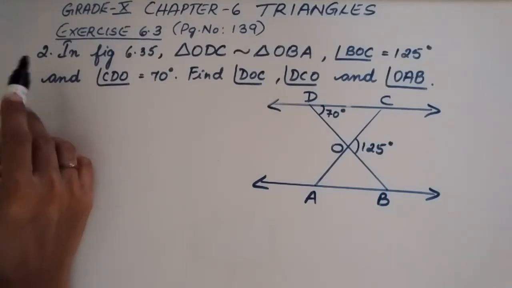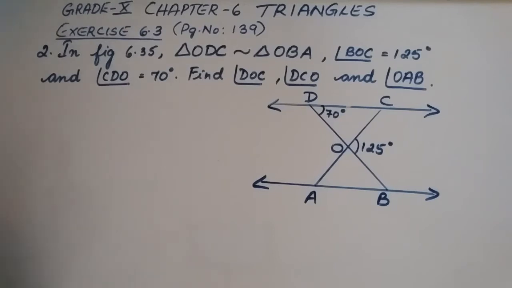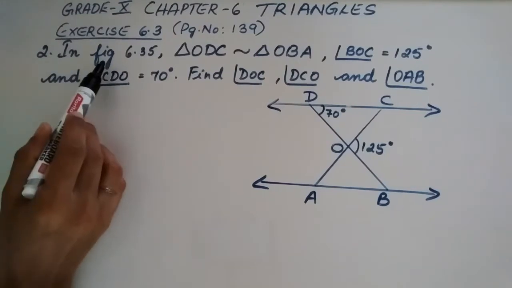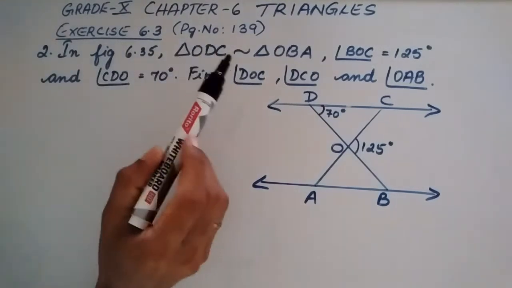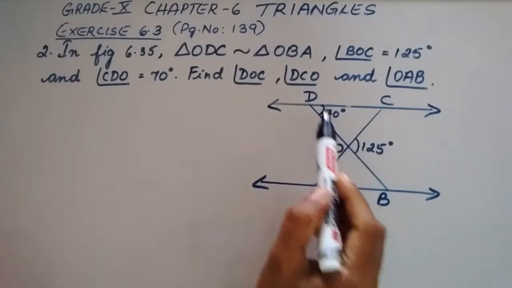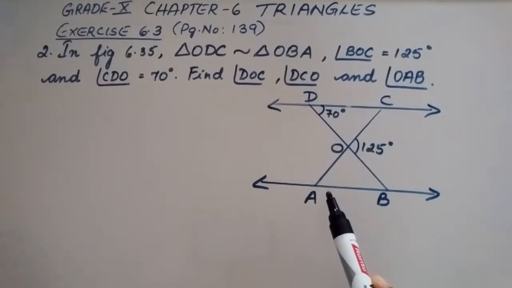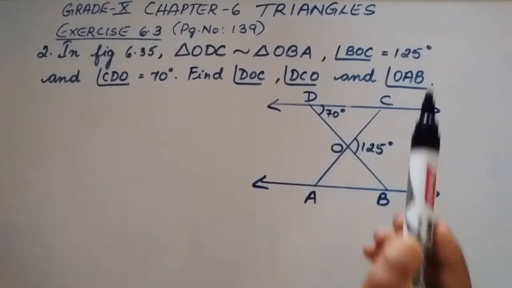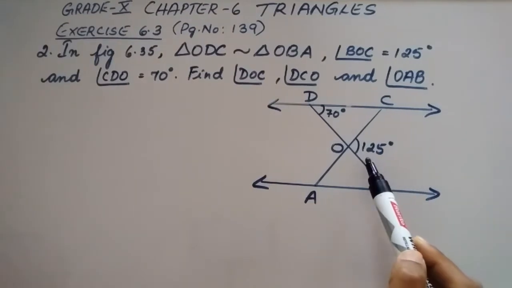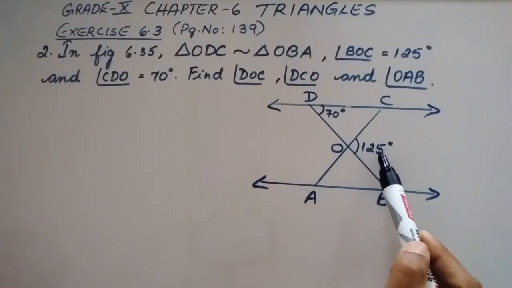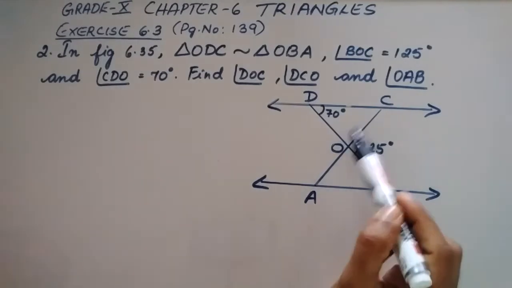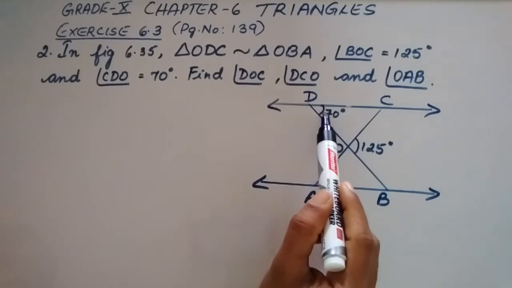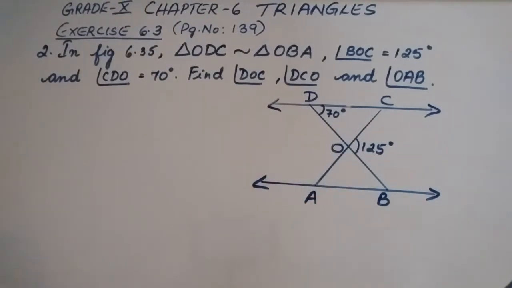Problem number 1 is the homework problem, and now there's problem number 2 here. In figure 6.35, triangle ODC is similar to triangle OBA, and angle BOC is equal to 125 degree and angle CDO is equal to 70 degree.